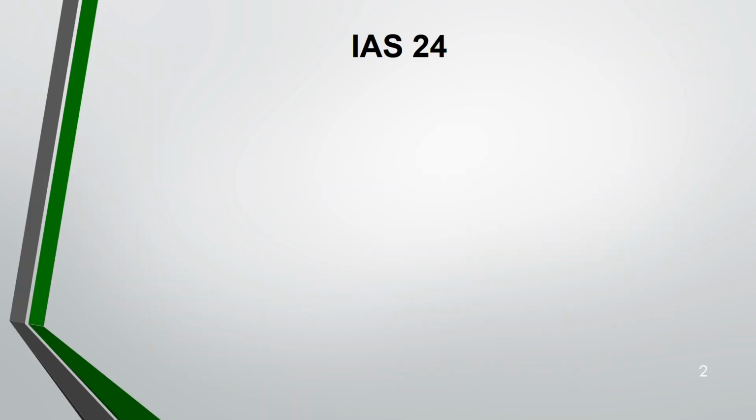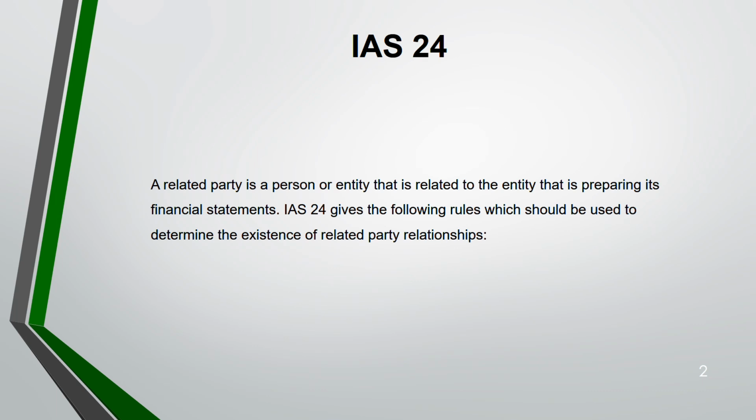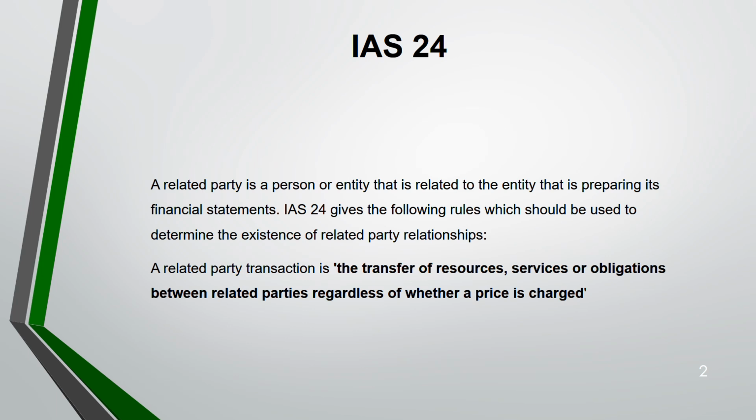Okay. So who is a related party? A related party is an entity or a person that is related to the entity who is preparing their financial statement. IAS 24 is giving the rules which should be used to determine the existence of related party relationship. A related party transaction is the transfer of any resource, service, or obligations between the related parties, regardless of whether a price is charged or not.